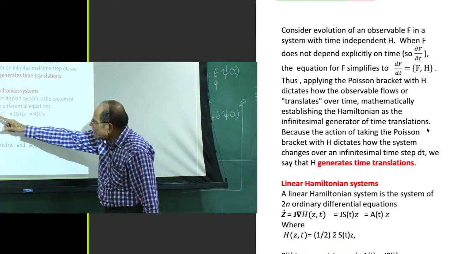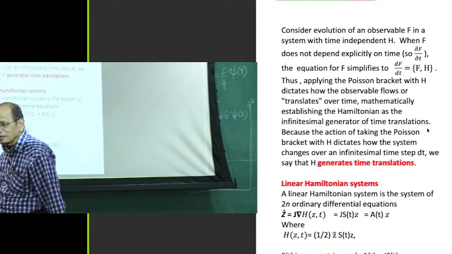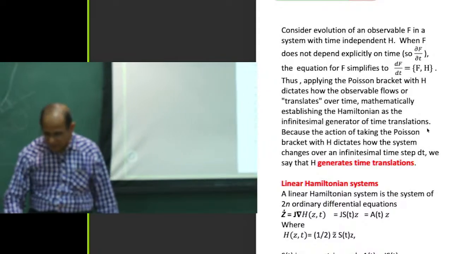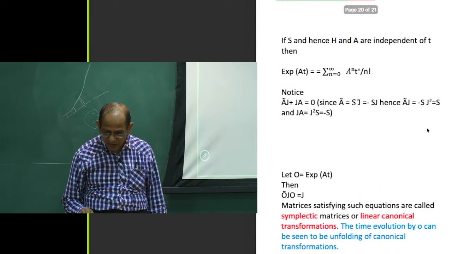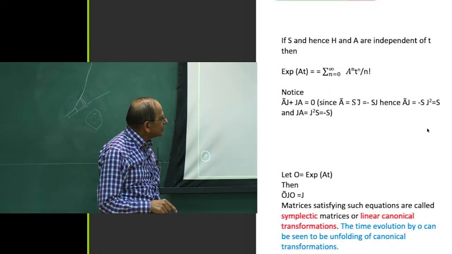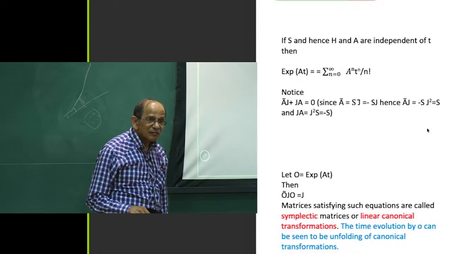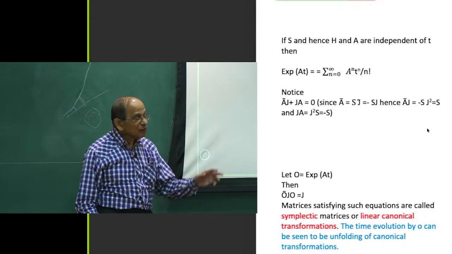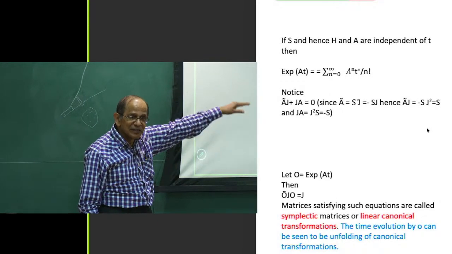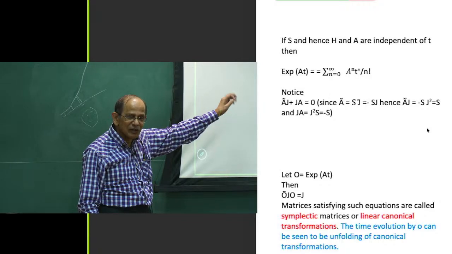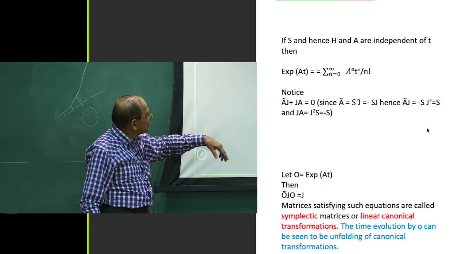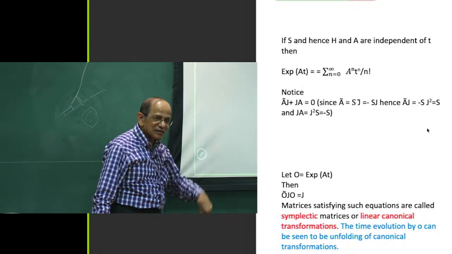And in terms of that, this is the equation. This is now a linear differential equation. That is why it is called a linear Hamiltonian. Okay. Maybe I will come to it later after finishing this topic which I have opened. Okay, I will come to that.